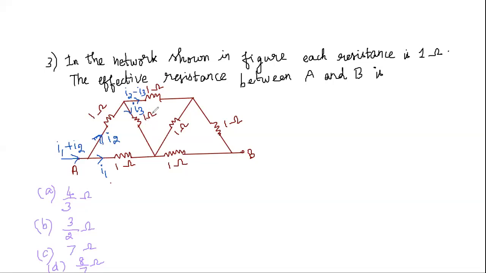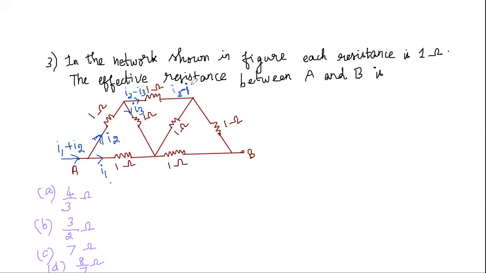Since I2 is coming towards this junction, and from this junction I3 goes here, the remaining part, I2 minus I3, will be going through this 1 ohm.